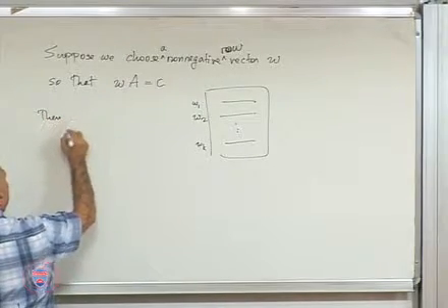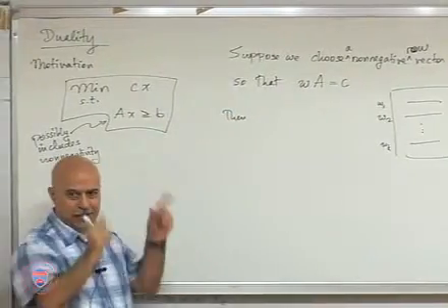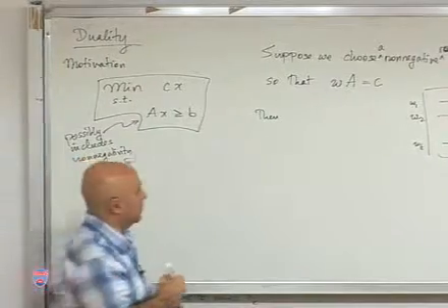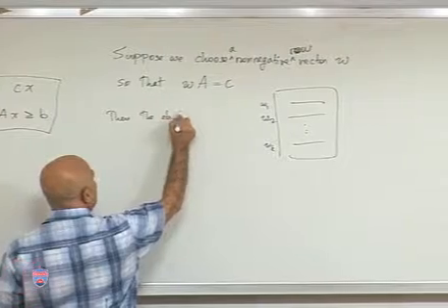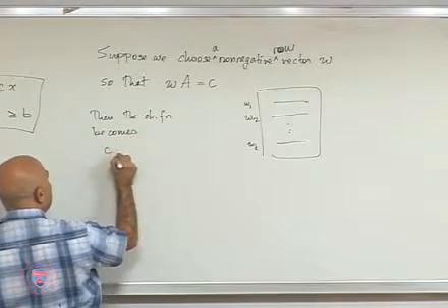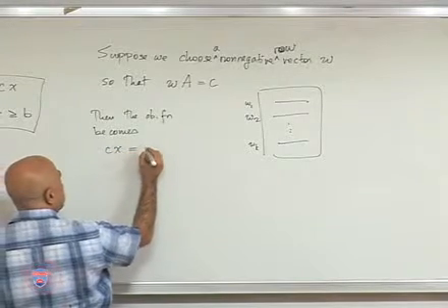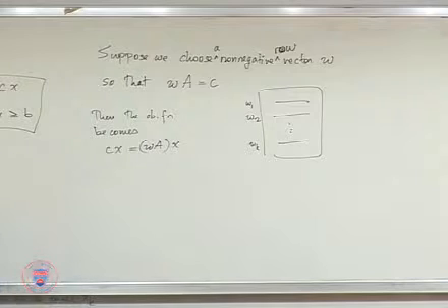Then we may use, in place of C, we may use WA in the objective function. So Cx becomes WA times x, because I expressed my C in terms of the rows of A.